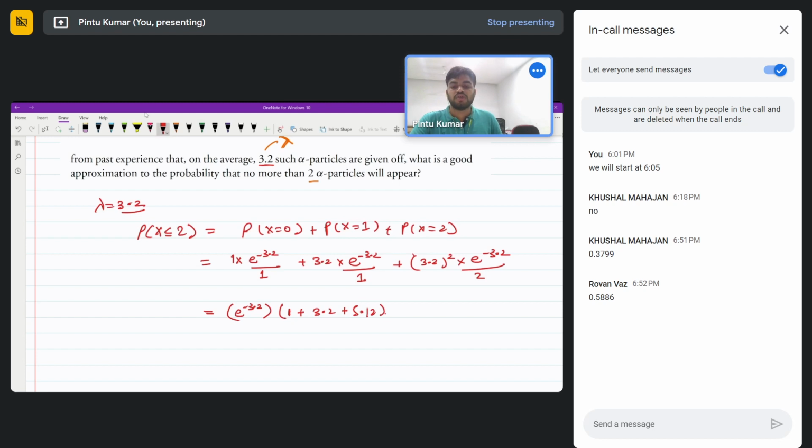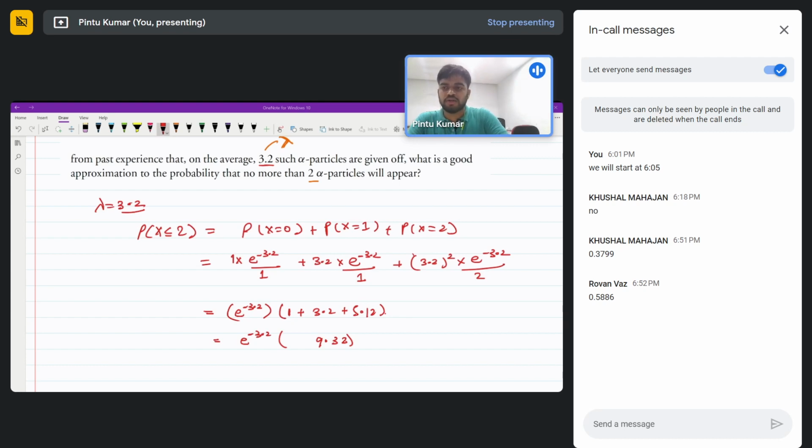So this is e to the power minus 3.2 into 9.32. Let's see what e to the power minus 3.2 is.